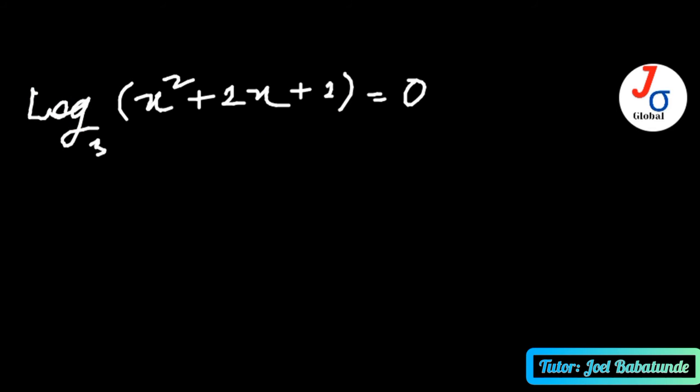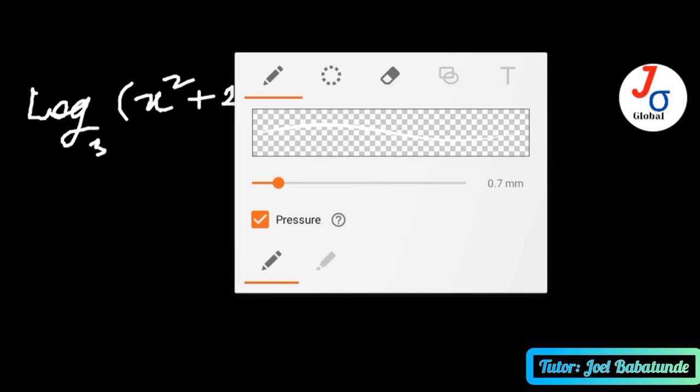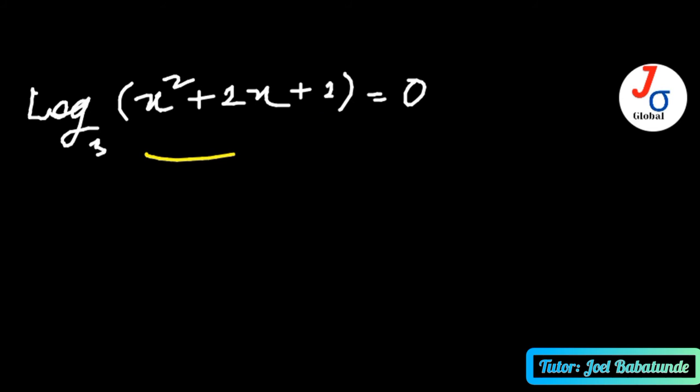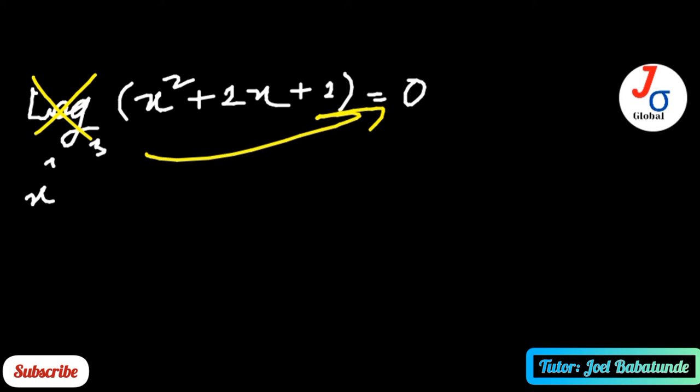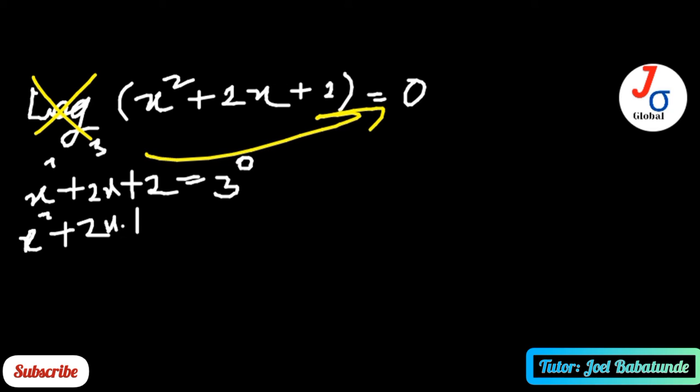Then we have this question, log of x squared plus 2x plus 2 equals 0, with base 3. All right, so convert that to index form, and what we have is this. Then cancel out the log. Then we have x squared plus 2x plus 2 equals 3 to the power of 0. 3 to the power of 0 is 1.